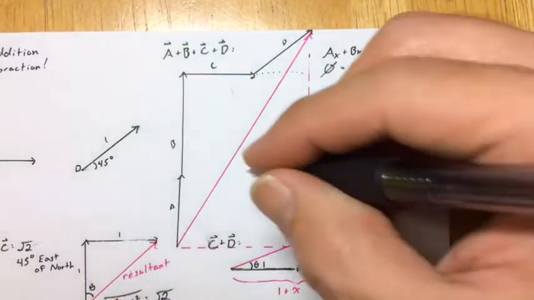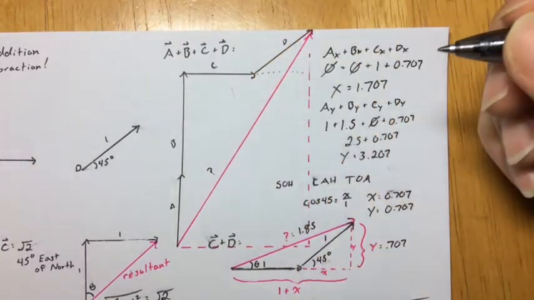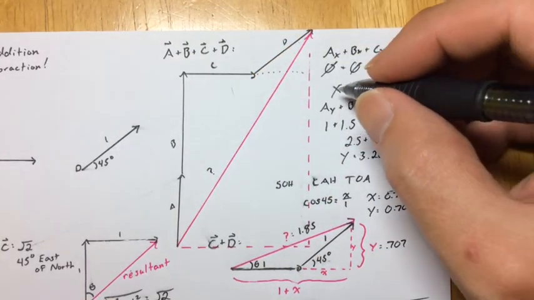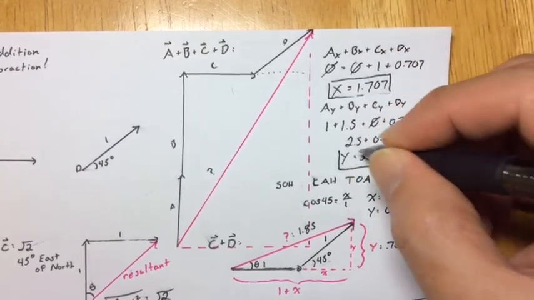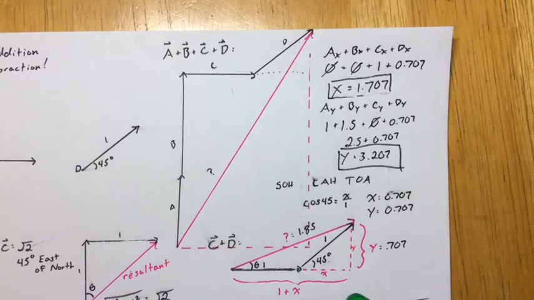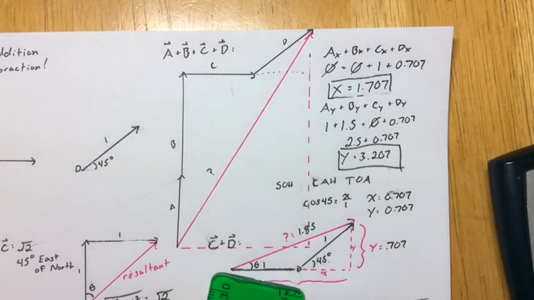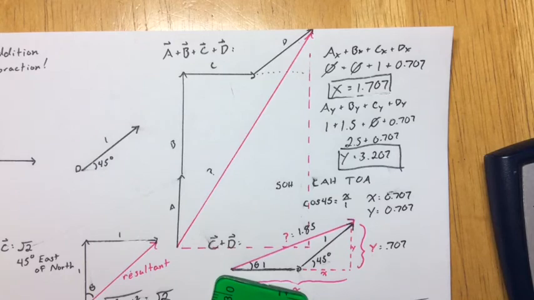And so to find this side, we need to take the Pythagorean theorem of these two component sides that make it up. So I'm going to take 1.707, and we're going to square it, plus 3.207, and square that, and square root this. It's going to be 3.63.